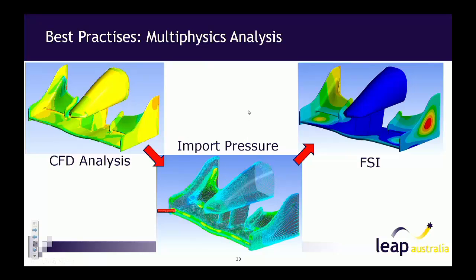I could just as easily take my composite structure and put it into a thermal simulation. I could just as easily put it into a modal simulation for vibration and dynamics. I could very easily take my front wing and crash it into a wall in explicit. And it's the connections that we have in ANSYS that are going to let you really get into the nitty-gritty of your design and have a very thorough understanding of its response before you go ahead and manufacture it.